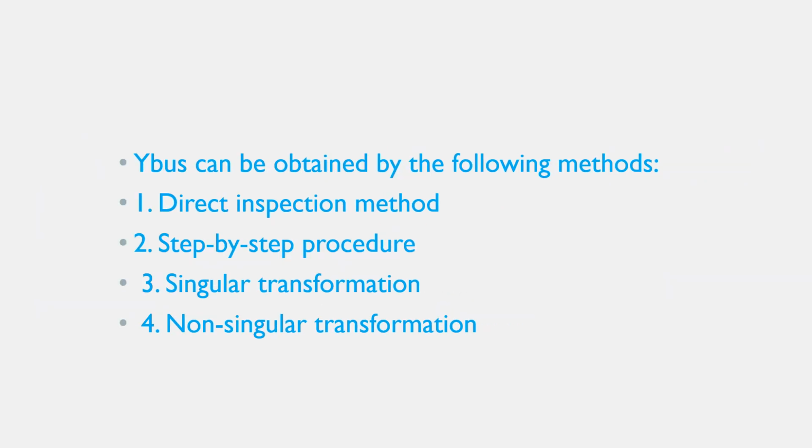The Y bus can be obtained by the following methods: first, the direct inspection method; second, the step-by-step procedure; third, singular transformation; and fourth, non-singular transformation.